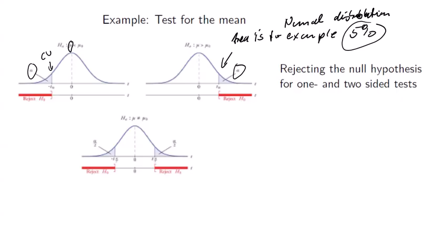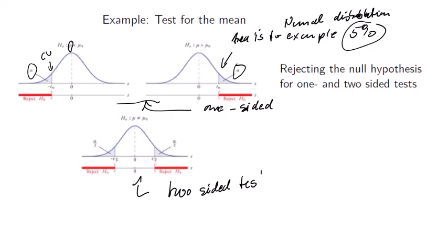And in case we have the two-sided test, so these are the one-sided, and this would be then the two-sided, also with an error probability of 5%, then of course both areas together have to sum up to our overall probability.